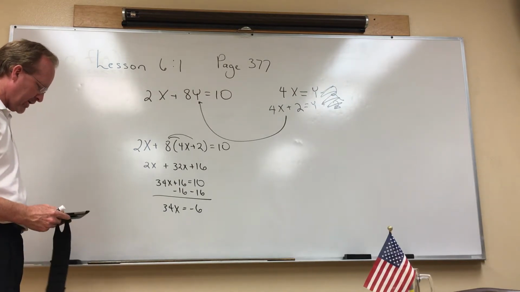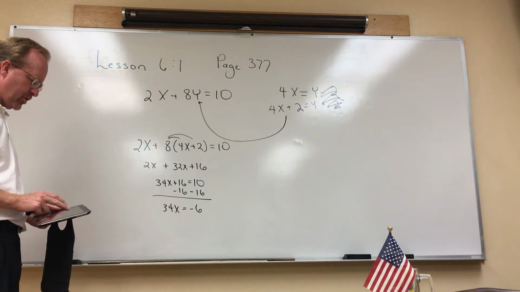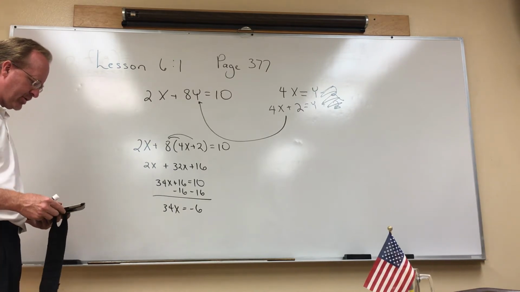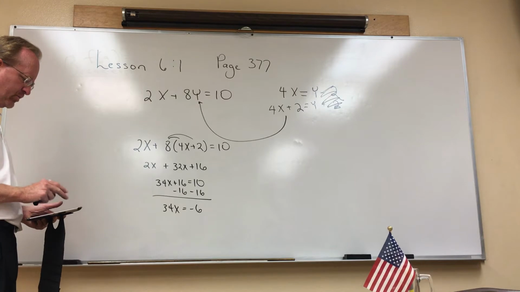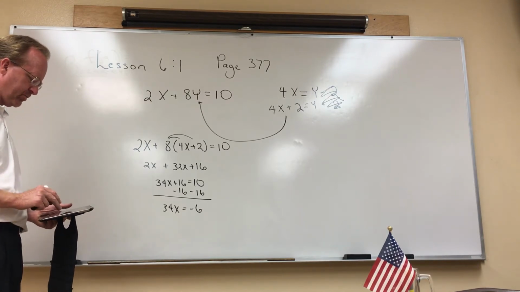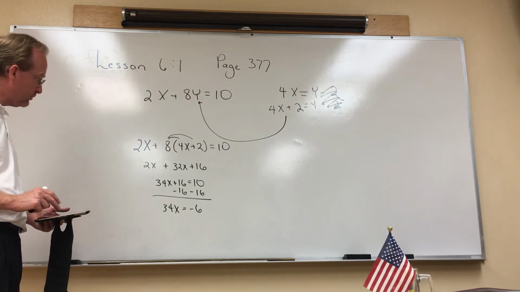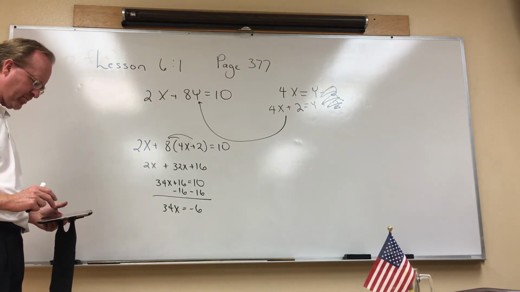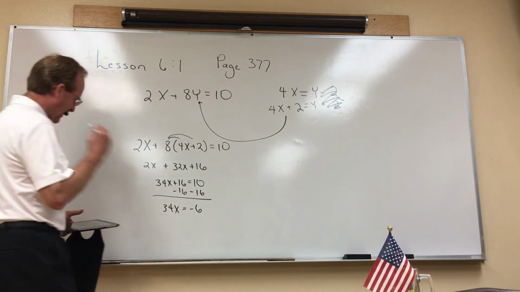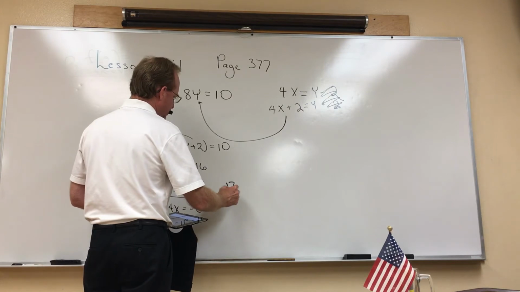When we do that, let me get my calculator out here. We're going to come up with, so I'm going to take -6 divided by 34, 0.17 rounds up to 0.18.